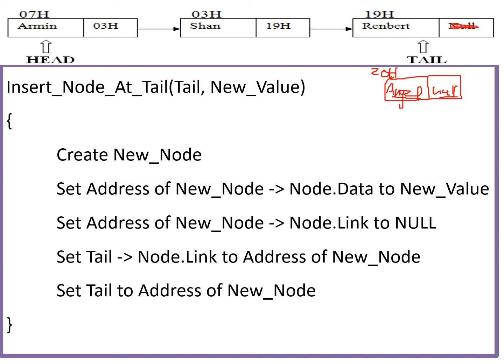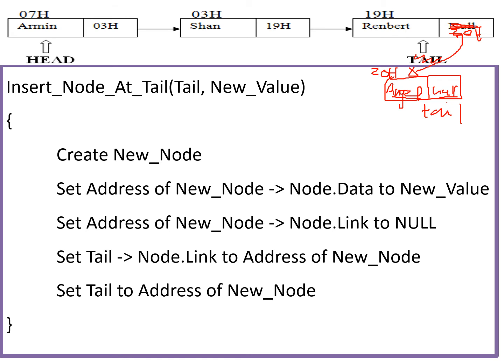The current tail should be linked to the address of the new node. So, this will now be 20h. And then instead of assigning this as the tail, we will assign the new node as the tail. So, that's the procedure.